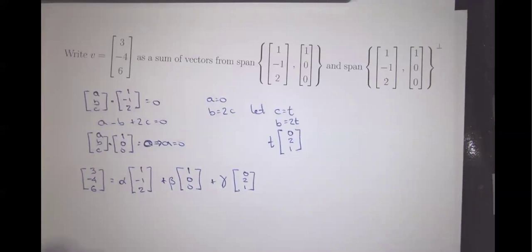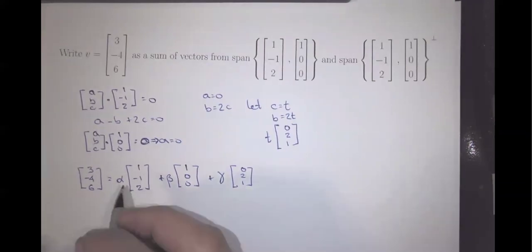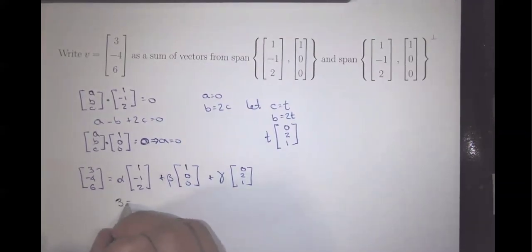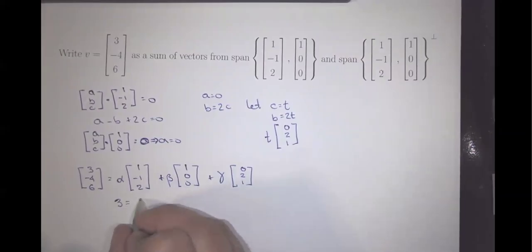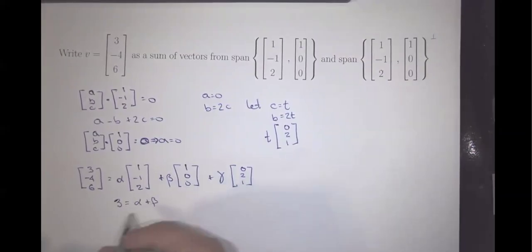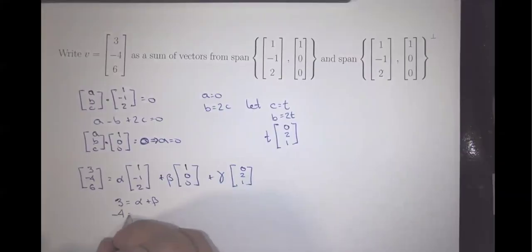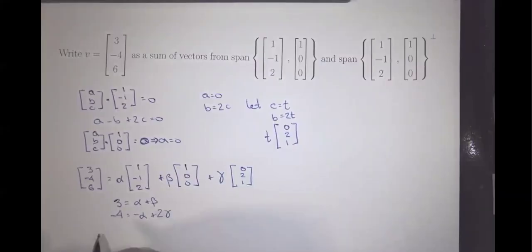Okay, and so if we look at this, 3 has to equal alpha plus beta. -4 has to be negative alpha plus 2 gamma. And 6 has to equal 2 alpha plus gamma.